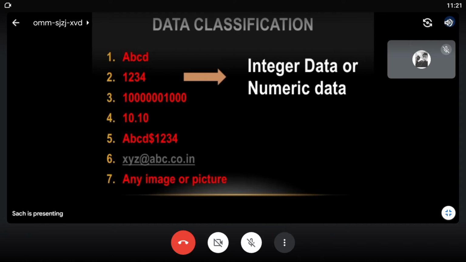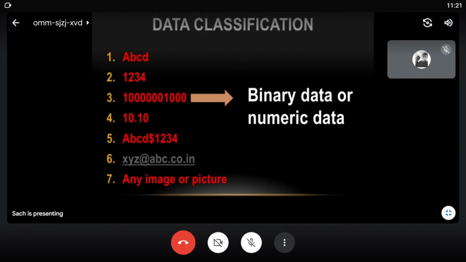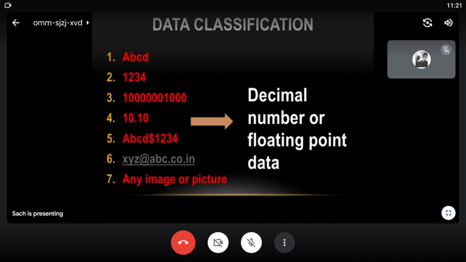We term it as numeric data or integer data. Next, the third one is binary data, or we can say it is numeric data. Now the fourth one is a decimal number. You can also call them real numbers or floating point data.